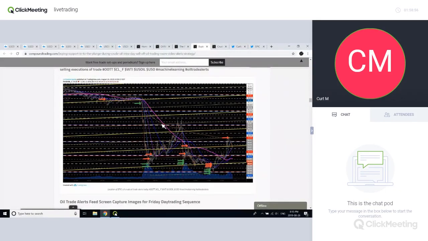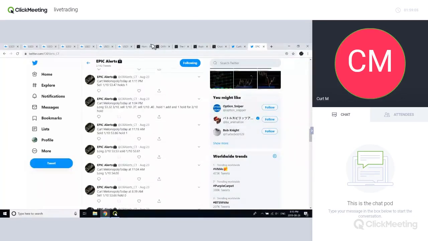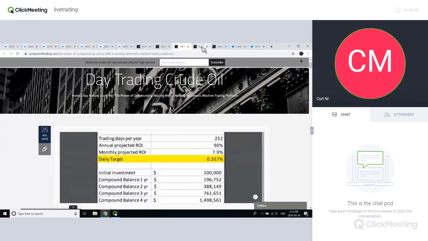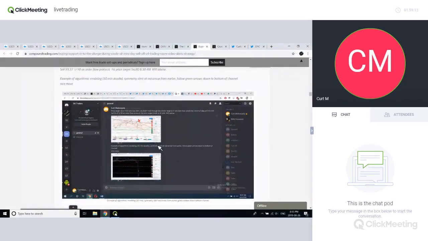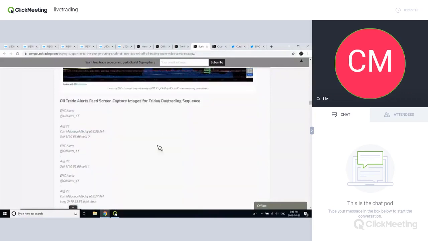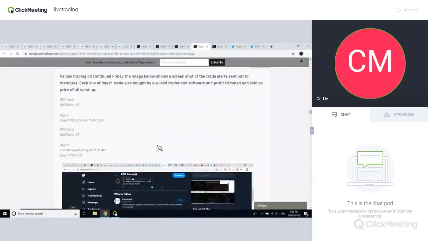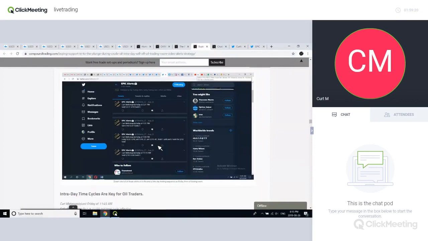So in short, you can get the oil trade alerts on Twitter. That's one way. Or you can get them in that Discord. You can do both. And this is an example, a screenshot of that room. Or you can get the alerts in the live trading room.